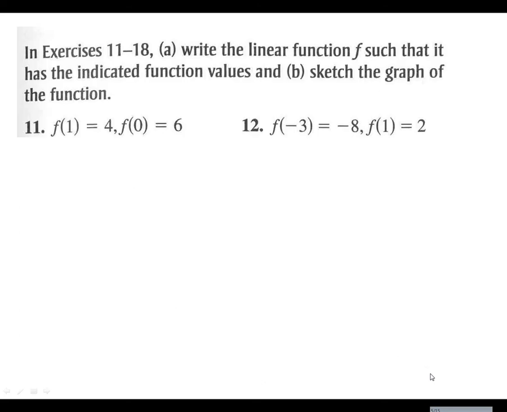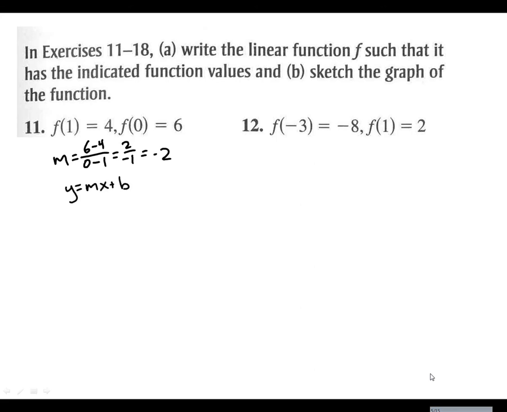Alright, if you are complete, let's check and see what we've got. Part A, write the linear function. And B, let's sketch it. So really quick, finding slope. Slope is negative 2. And y equals mx plus b.